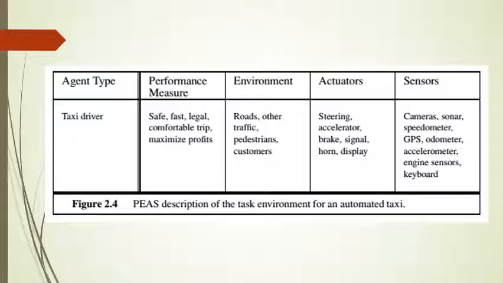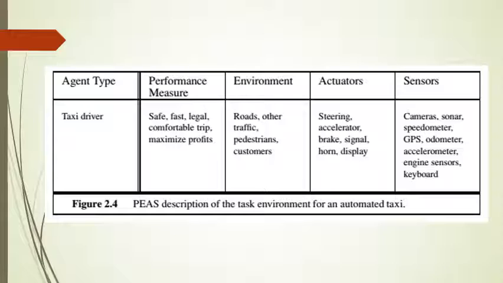The performance is measured by different criteria: a safe, fast, legal, comfortable trip, and the maximization of profit. These are the performance measures. What is the environment? The given environment for this taxi example is roads, air traffic, pedestrians, and customers.